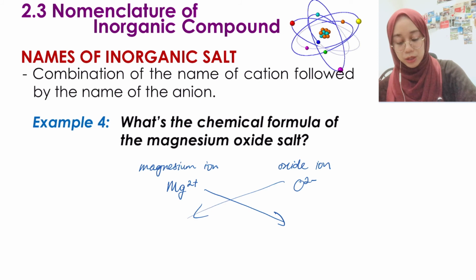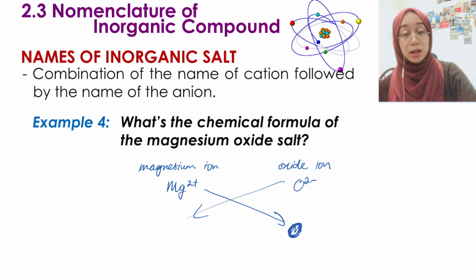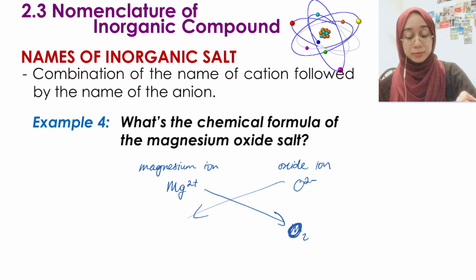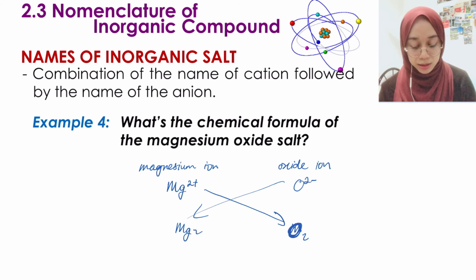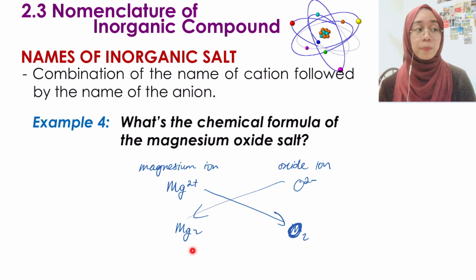Okay, bermaksud Mg ni, oksigen ni depends dengan Mg punya charge, ada 2. Okay, meanwhile Mg pula depends dengan oksigen punya charge, ada 2. Okay, but then class as you can see, so kita ada Mg2O2 kan, dua-dua kita boleh simplifykan lagi.